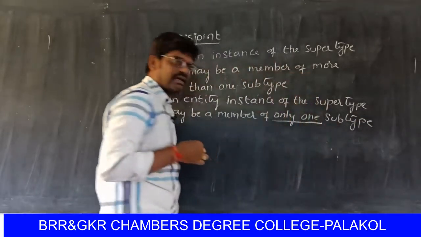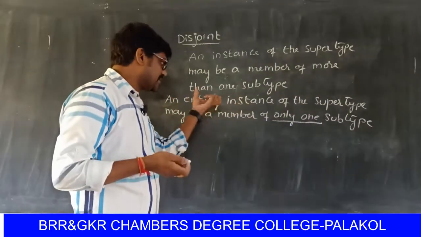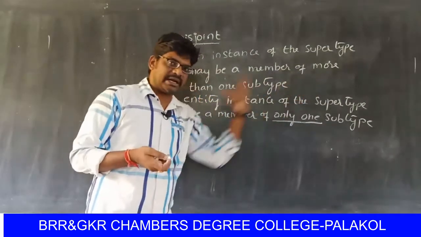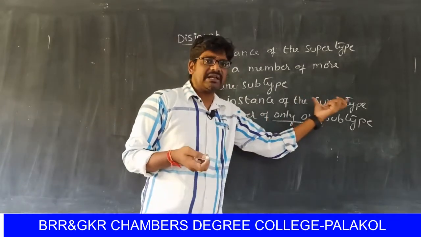Here only one is the important part. An entity instance, that means a member of the supertype, may be a member of only one subtype.